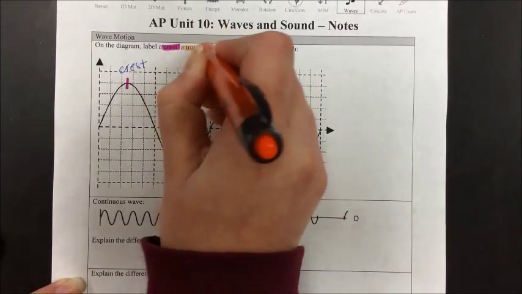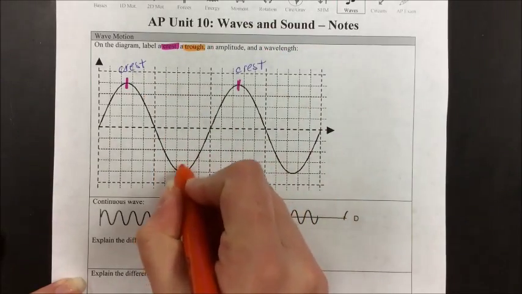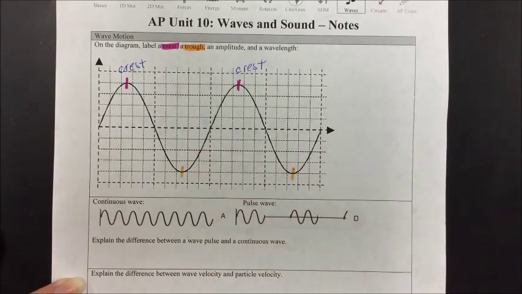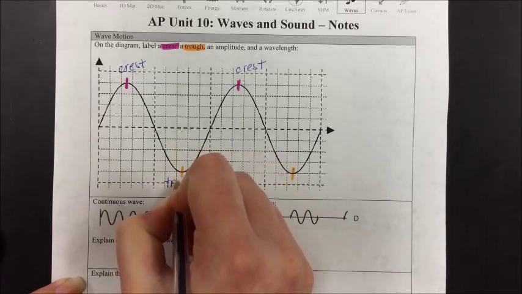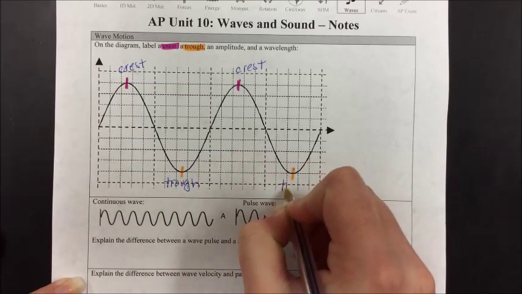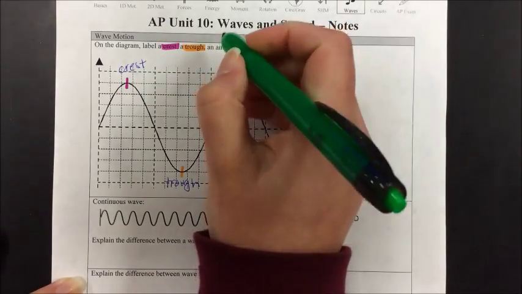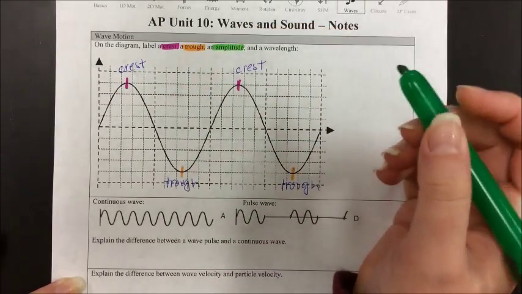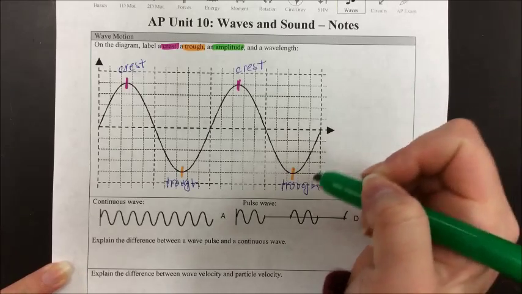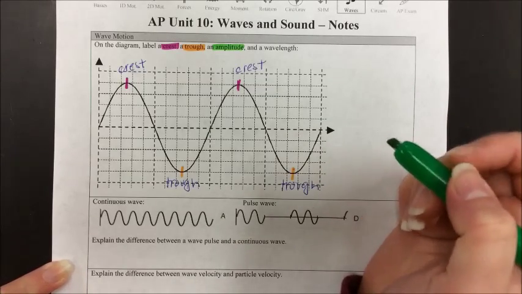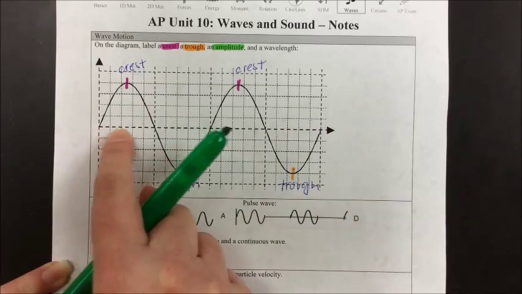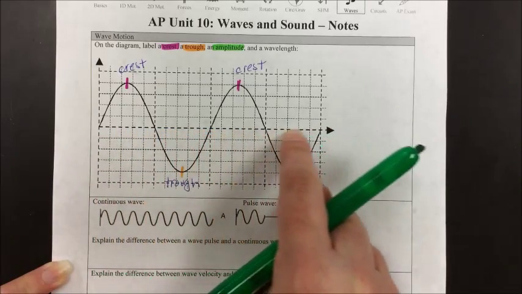The next part is the trough, which is the lowest part on the wave. And then the amplitude, so we use this word in our simple harmonic motion. The amplitude is that maximum displacement from equilibrium. So here we have a line going through the middle of our wave.